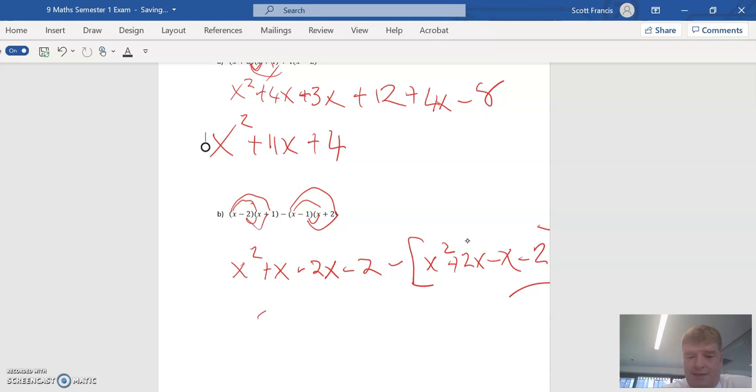It's going to take us back to 2x. We put all the x's together, we're going to end with 2x. We've got minus 2 minus negative 2, minus 2 plus 2 is going to equal 0. So all that is going to simplify down to 2x.